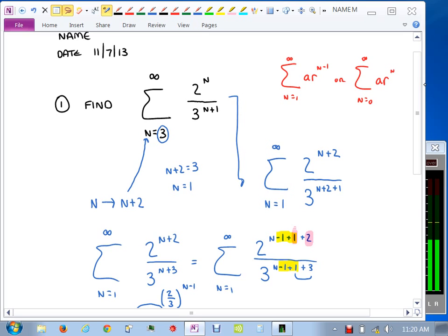So the only way to put a minus 1 here is to add a 1 also. Now you could have just gone straight to n minus 1 plus 3, because n minus 1 plus 3 is still n plus 2. But I'm trying to show that hidden zero.